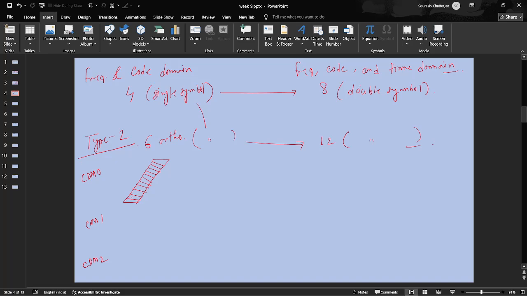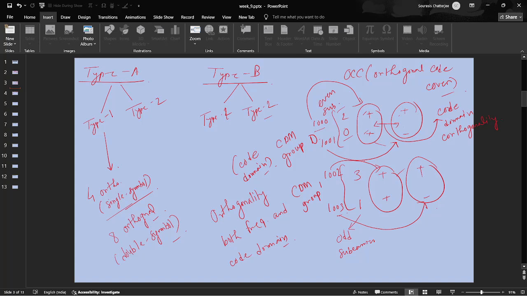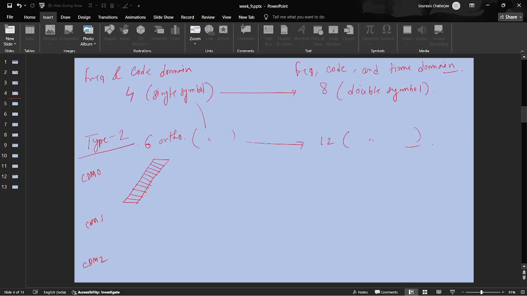So what is the structure? Is there any gap? Like for example, type 1 we talked about transmitting from 0th and 2nd, so alternatively, there is a gap between. Is there any gap in case of type 2? So type 2 is for CDM0. Let's say we are transmitting two subsequent carriers. Basically we are using these two.